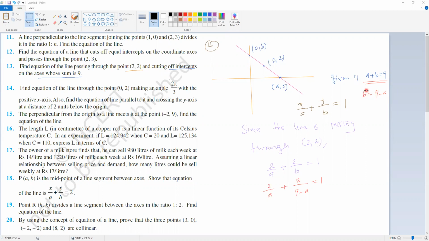So now you have to simplify this. Cross multiply.